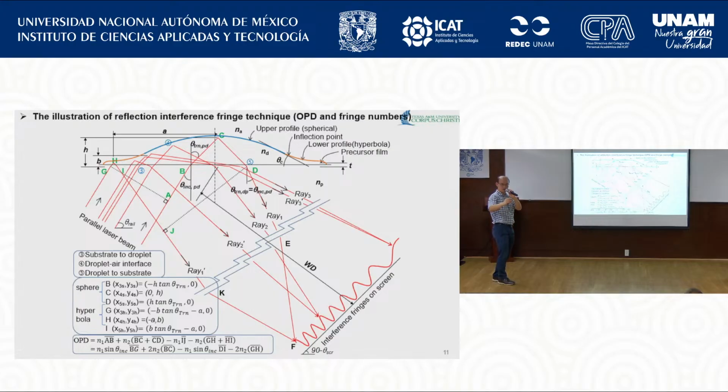But we are talking about very thin, very small droplets, and then the profile determination is very challenging, because the generally known techniques have limitations in resolution.